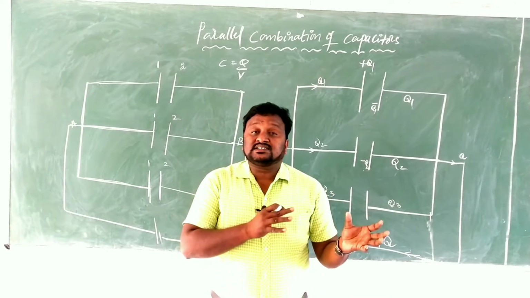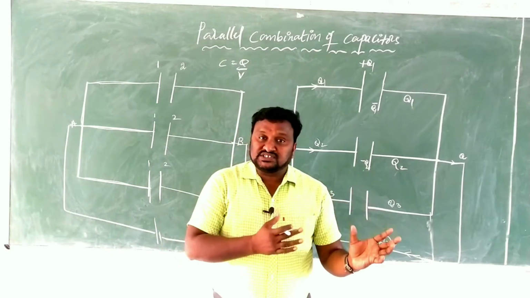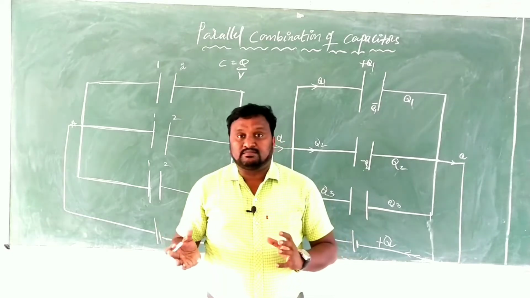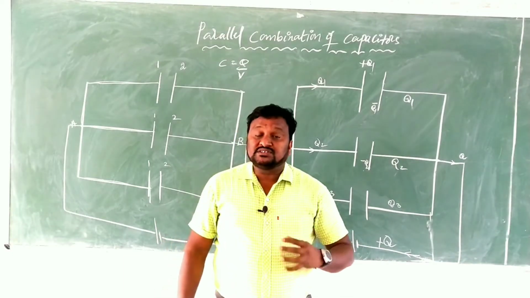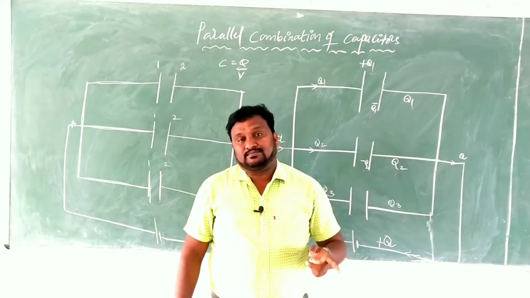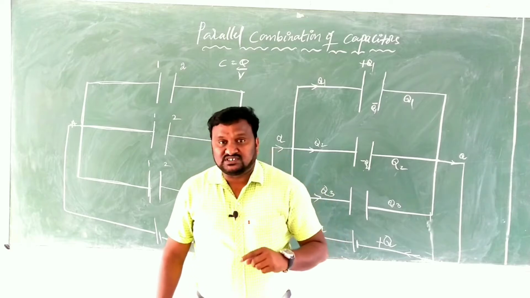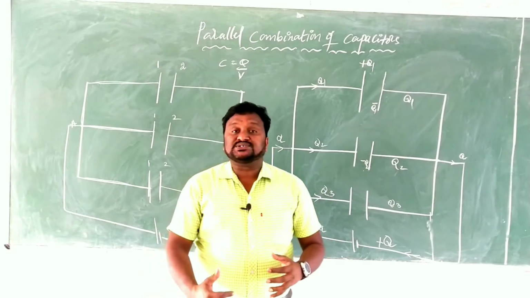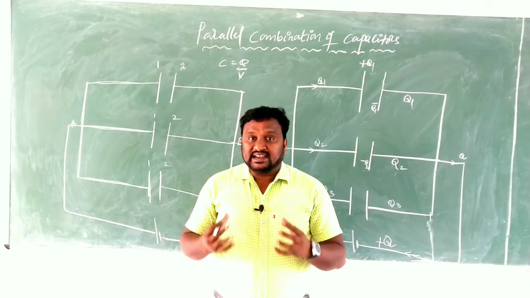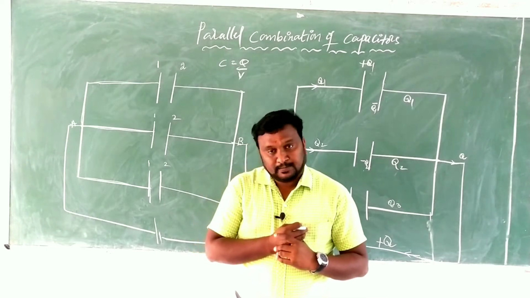The capacitor C1 has potential V1, capacitor C2 has potential V2, and C3 has V3. That means in the series combination the potential varies from one capacitor to another and the charge remains constant. Let us discuss which one is constant and which varies here.